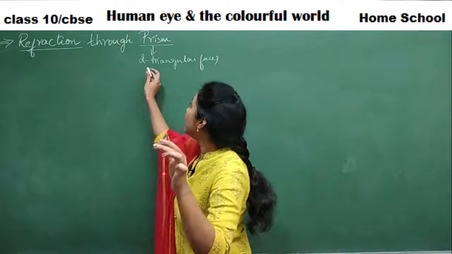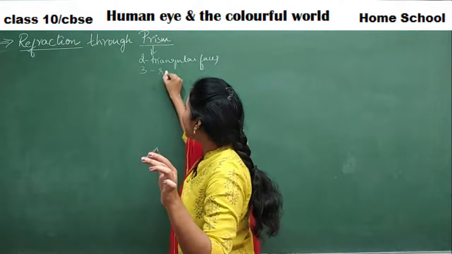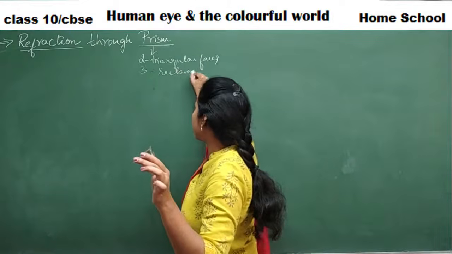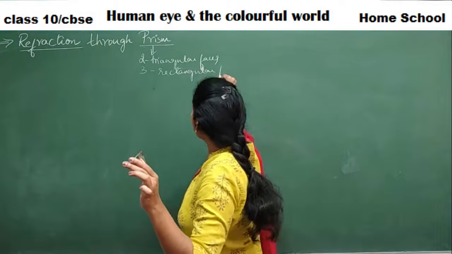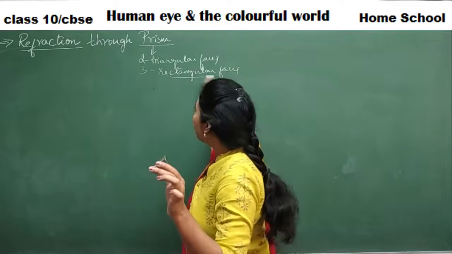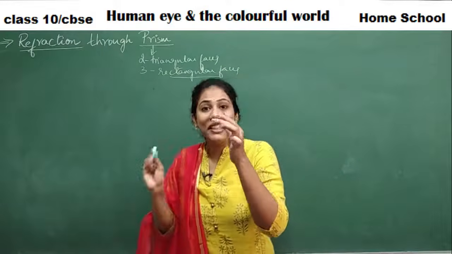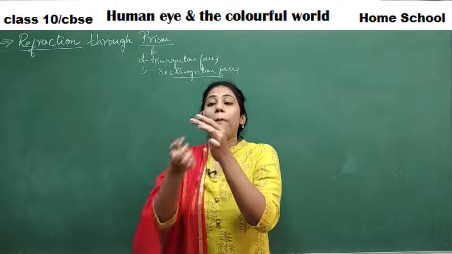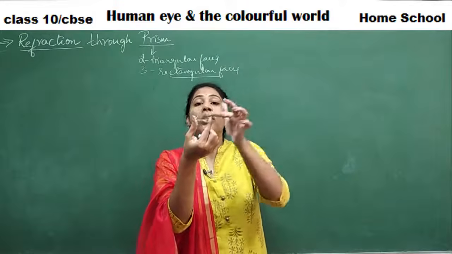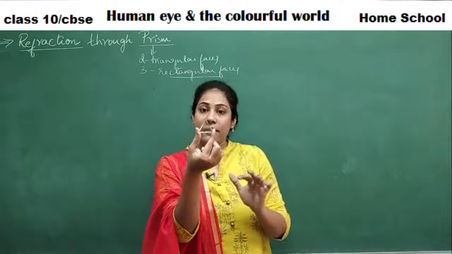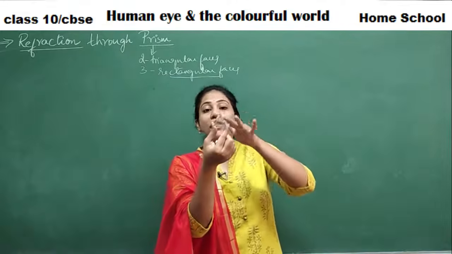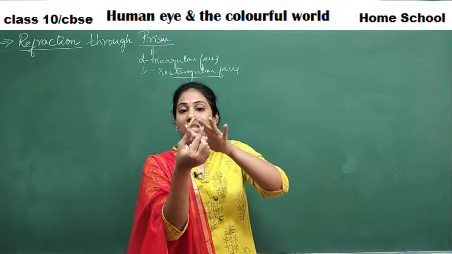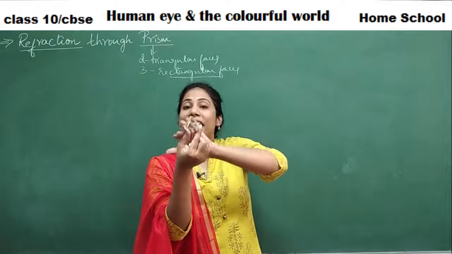So altogether we have 3 rectangular faces. And you know, refraction can happen only when you pass light through rectangular faces. Rectangular faces are inclined planes, I can also call them inclined planes.